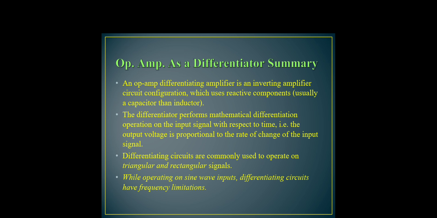That is, output voltage is proportional to the rate of change of the input signal. Differentiating circuits are commonly used to operate on triangular and rectangular signals. While operating on sine wave inputs, differentiating circuits have frequency limitations.